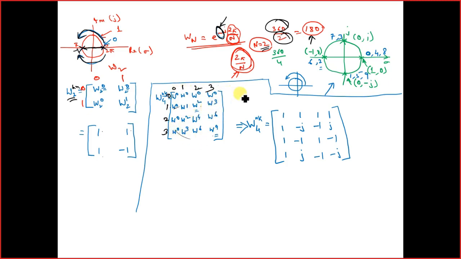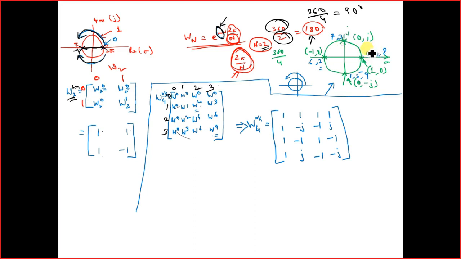So we make this matrix, and then 360 by 4 is nothing but 90 degrees. We start with 0 over here, 90 degrees apart, 0, 90, then again 90 this point, then again 90 this point.